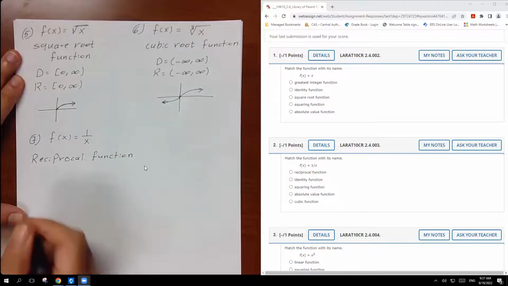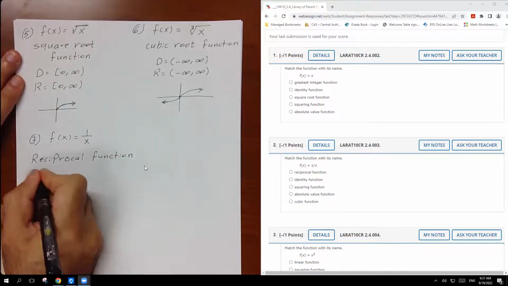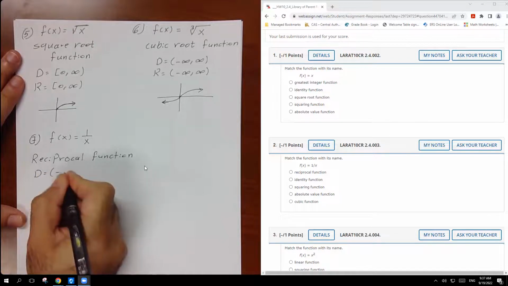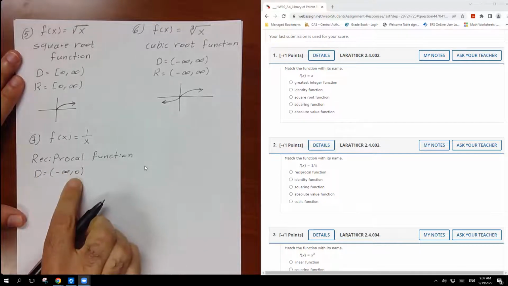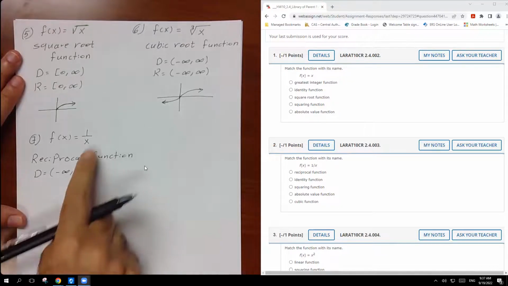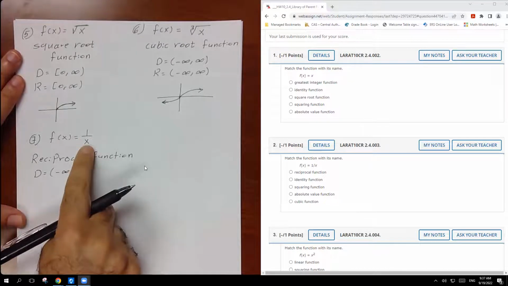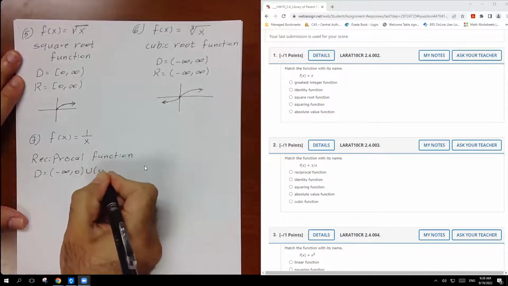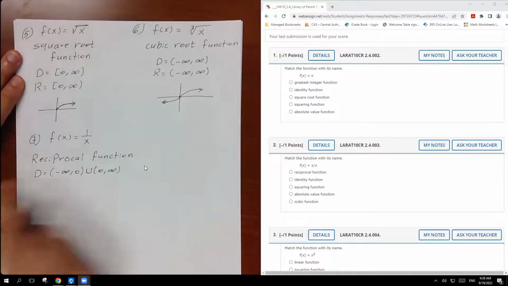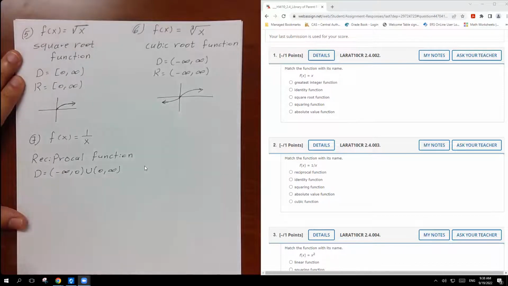Reciprocal function. The domain for this function is going to be from negative infinity to 0, the 0 is not included in the interval, because if you plug in 0 here, 1 divided by 0 is going to be undefined. Union from 0 to infinity. That means all numbers except 0.